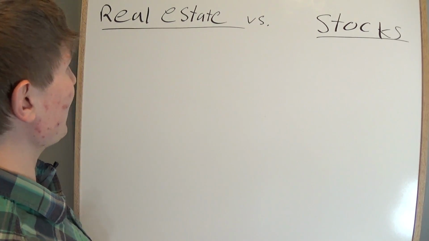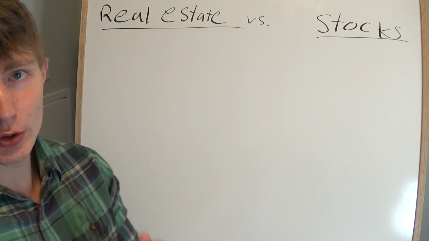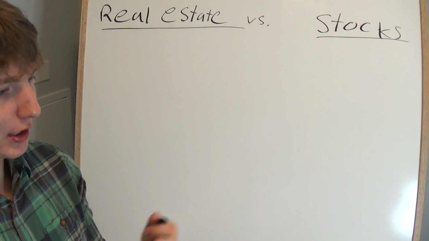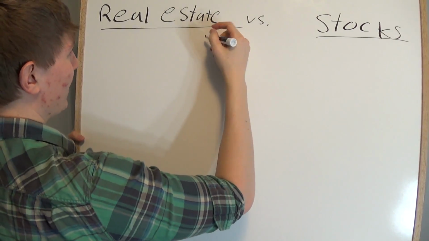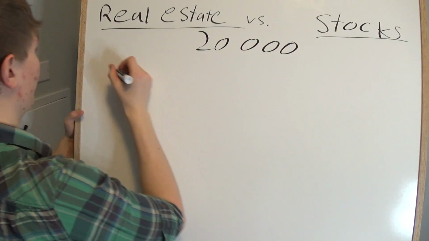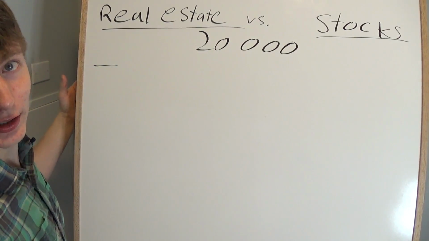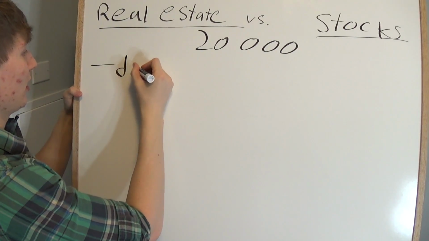So let's get started. But first I want to share an example with you guys. Let's just say you have $20,000 in the bank, or $20,000 you want to invest, right? So you have 20 grand. Now in real estate, that $20,000 represents a down payment.